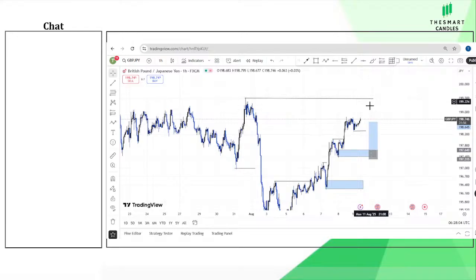These are targets, but for a realistic take profit, it's better we put our take profit before this liquidity high, this most recent high, just in case the market gets to this point and wants to reverse because we can't tell. So it's better we put our take profit at this point. This is better and more realistic.